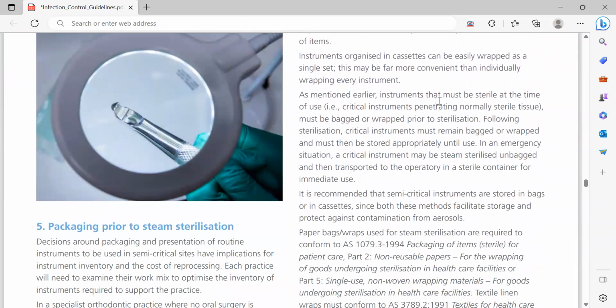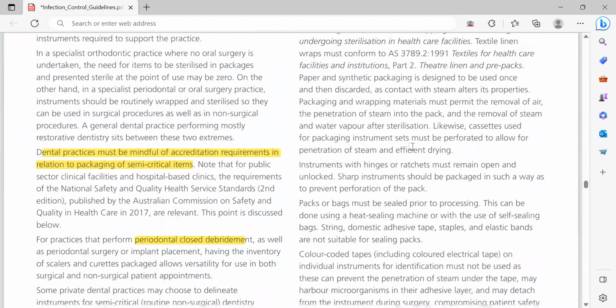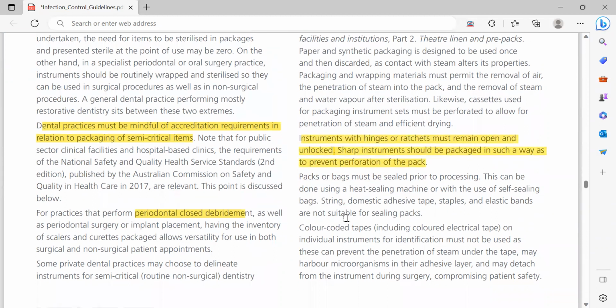As mentioned earlier, instruments that must be sterile at the time of use, which are the clinical critical instruments, must be bagged and wrapped. Instruments with hinges or ratchets must remain open and unlocked. And sharp instruments should be packaged in such a way as to prevent any perforation of the pack.